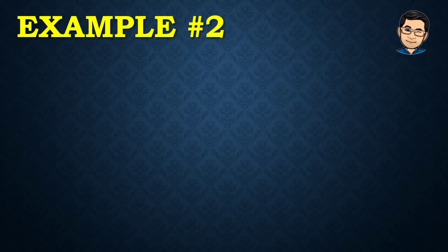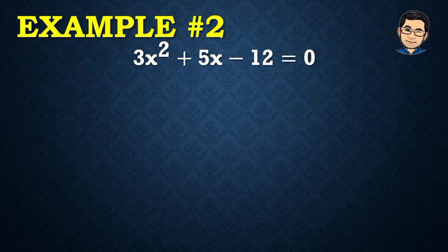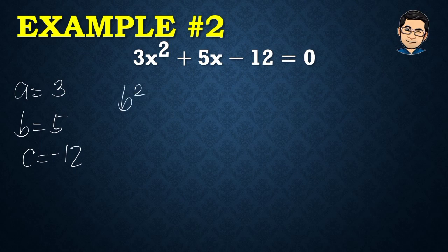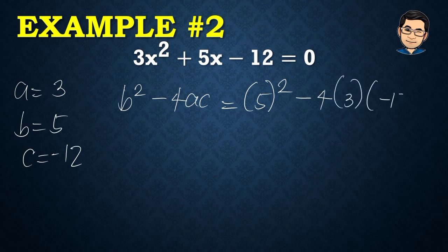Let's have example number 2. 3x squared plus 5x minus 12 is equal to 0. So let's identify the value of a, b, and c. A is 3, b is 5, and then c is negative 12. So, and then we apply the discriminant formula b squared minus 4ac is equal to the value of b, that is 5, squared minus 4 times a, 3, and then c, negative 12.